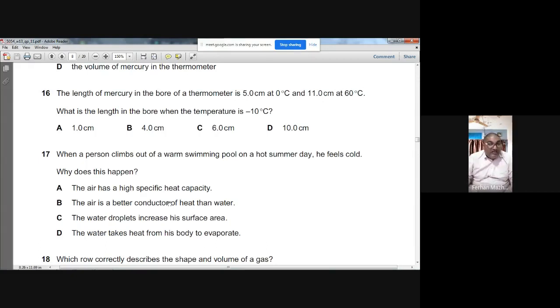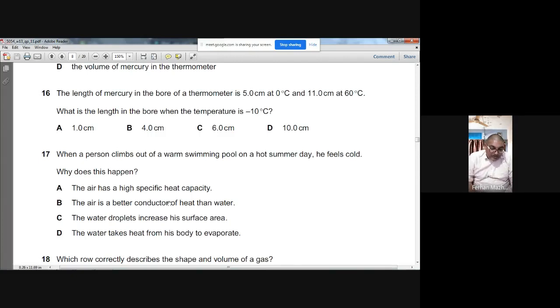L3 is the question. L1, when the temperature is 0, is 5 centimeter. L2, that's 11. 11 minus 5. Minus 10 minus 0, 60 minus 0.